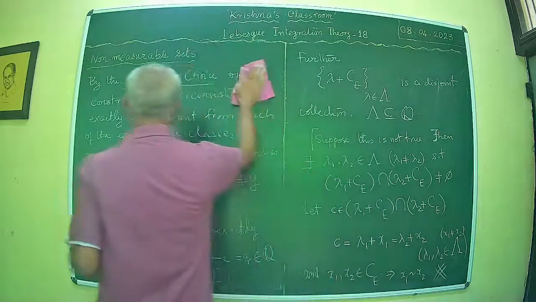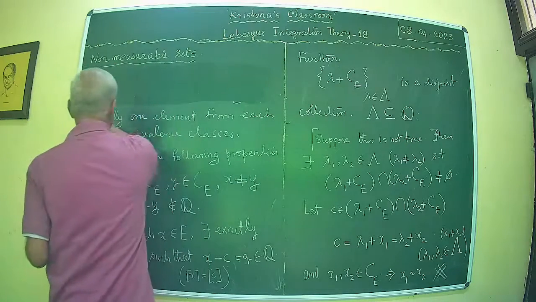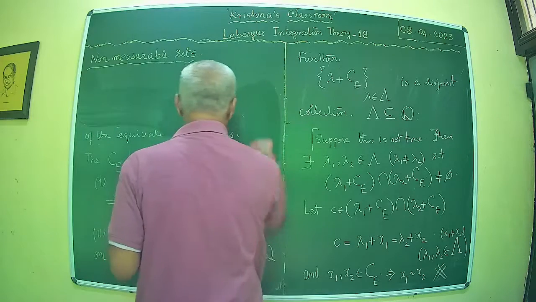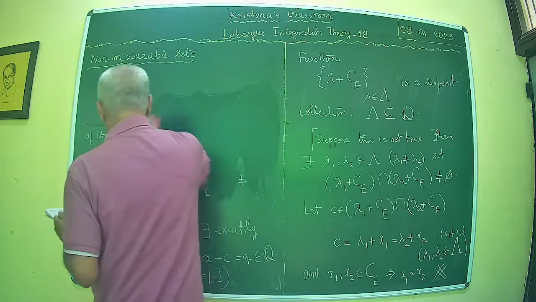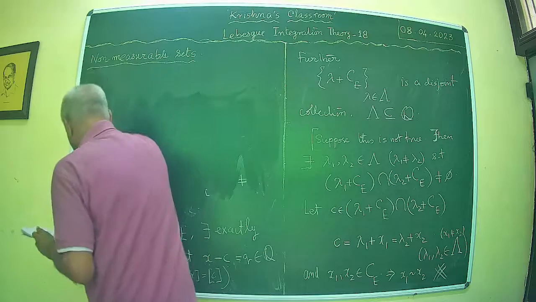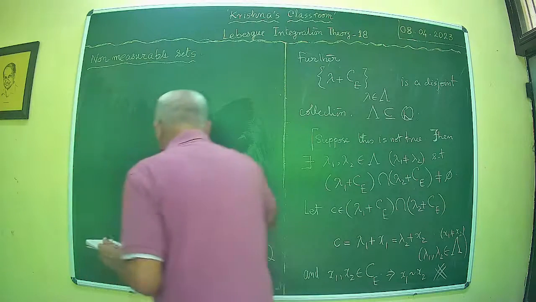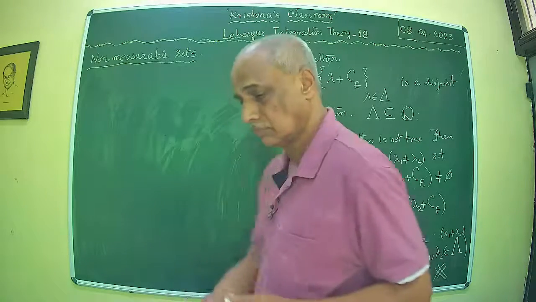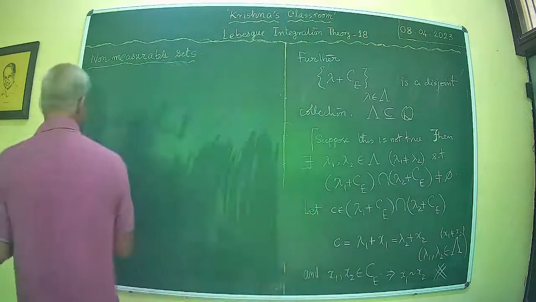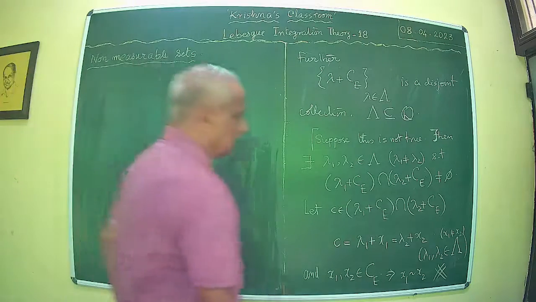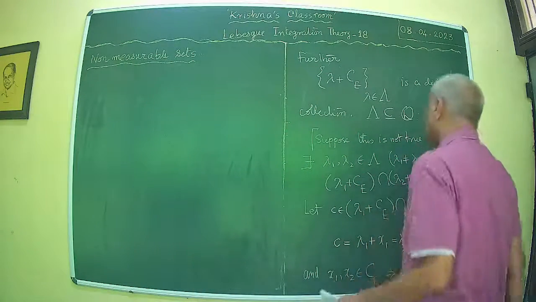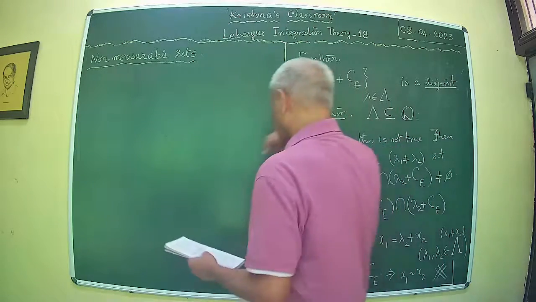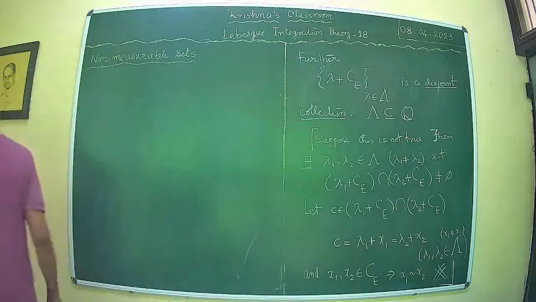Therefore, what we observe is that the lambda plus C is a disjoint collection. So that completes the proof. Okay, so this is disjoint. What is the consequence of that?